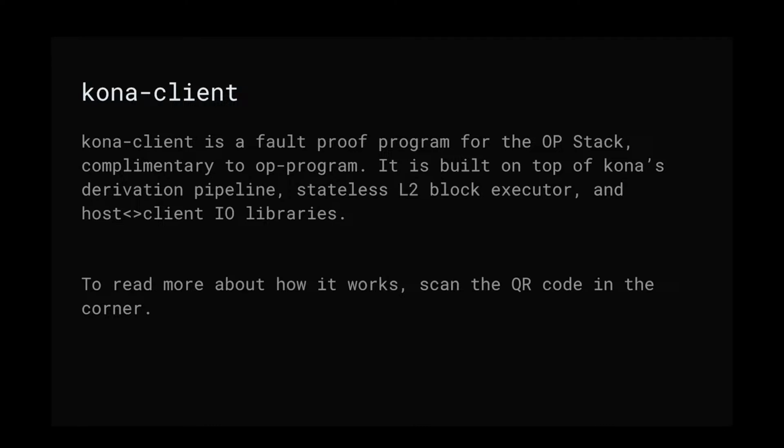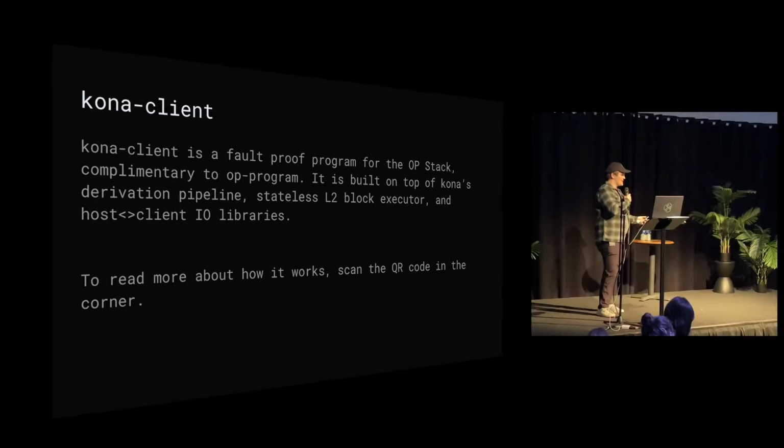It turns out that you actually can't execute this on chain because it's just Rust or Go code. So we implemented the fault-proof VMs, which most of you may know as Canon, some may know Asterisc, and they're effectively minimal virtual machines that are implemented both natively and in Solidity. The Solidity version is a stateless executor of the VM.